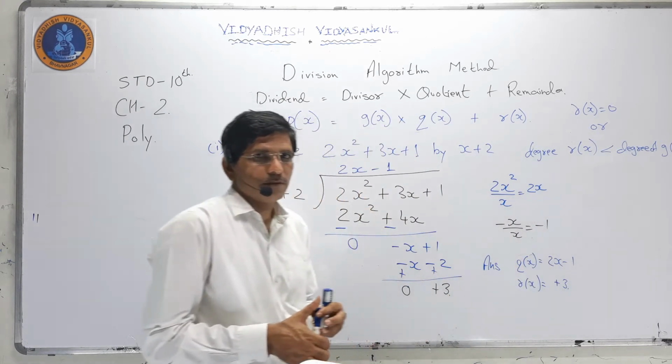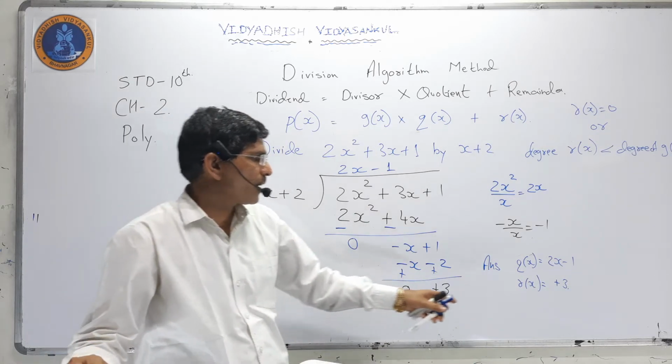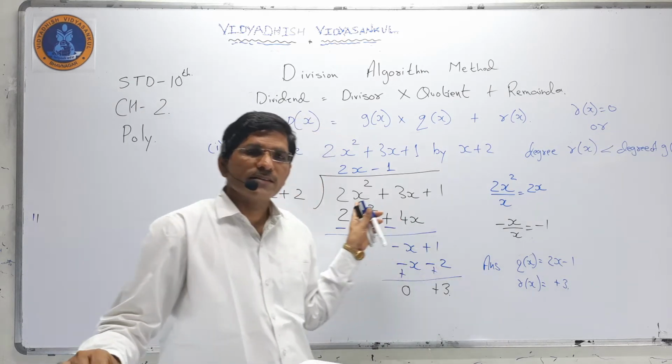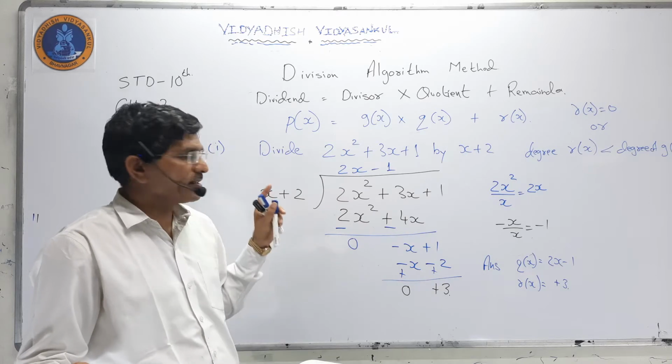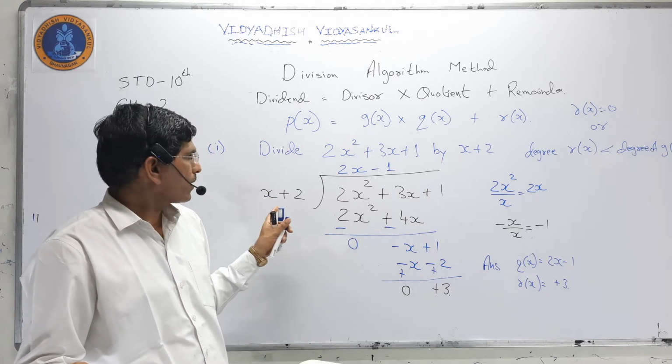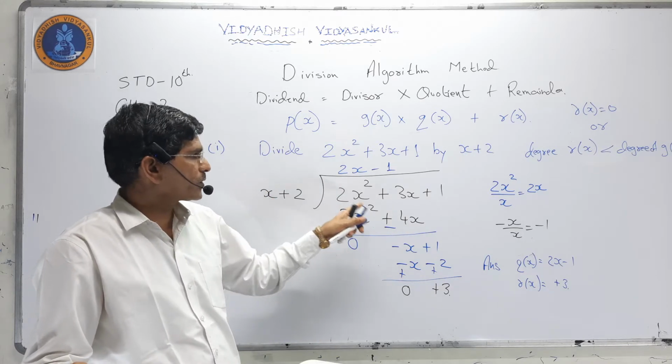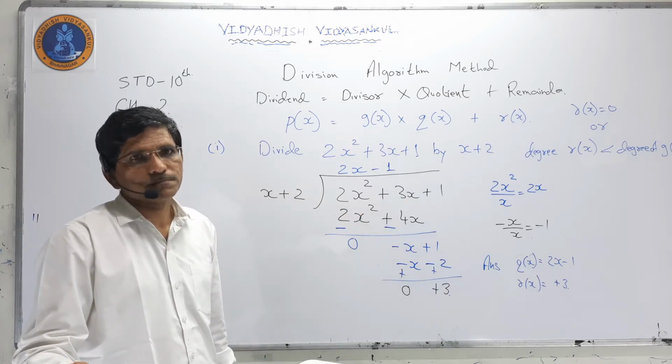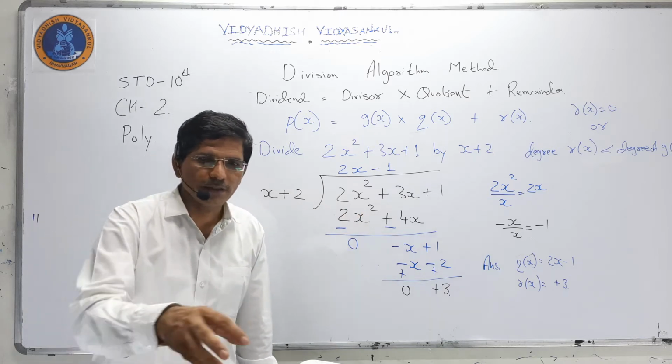Always remember, if the remainder is 0, we can say that x plus 2 is a factor of 2x square plus 3x plus 1.